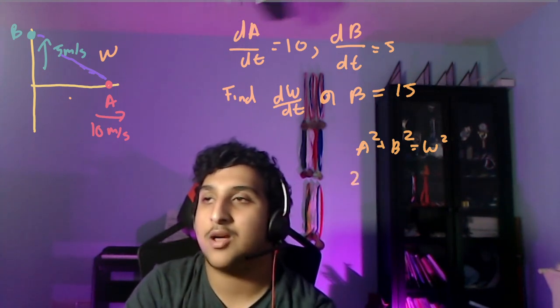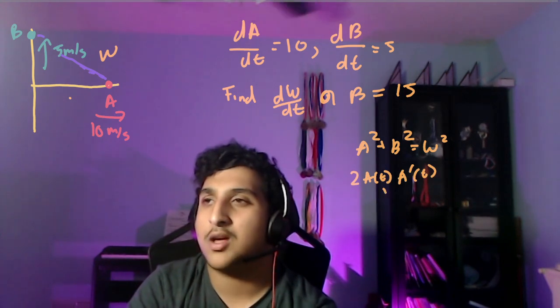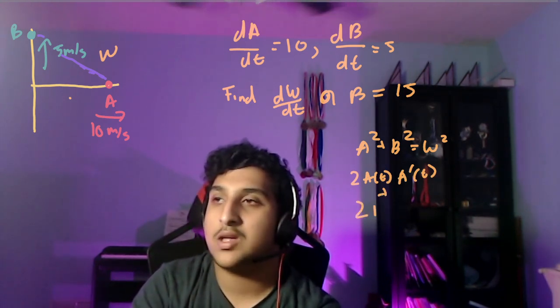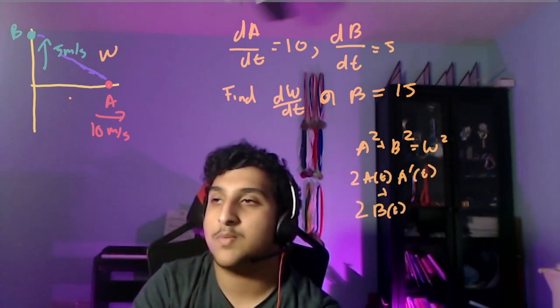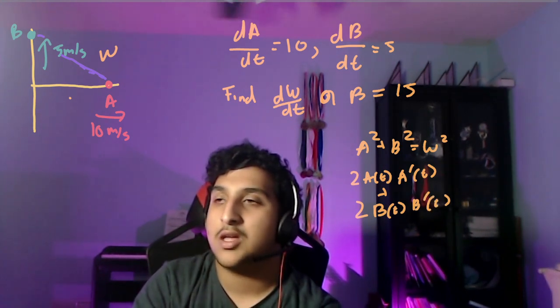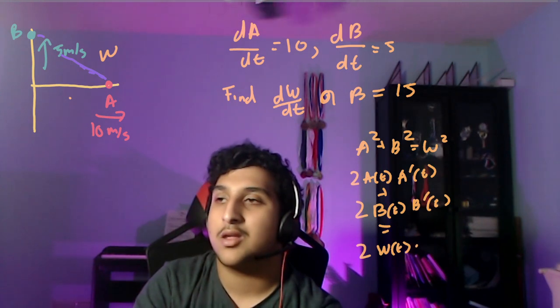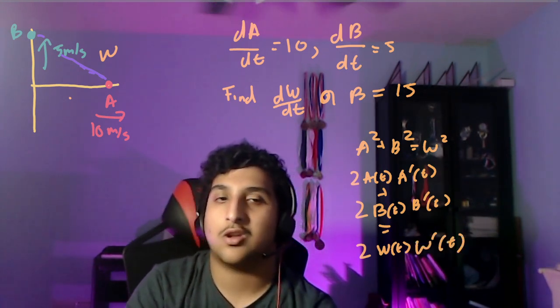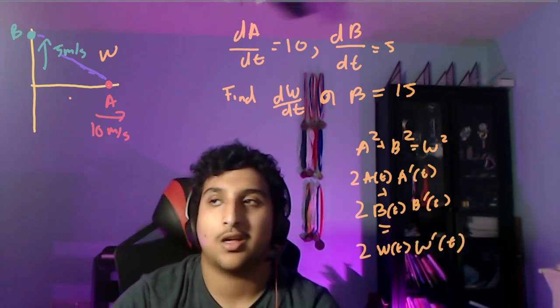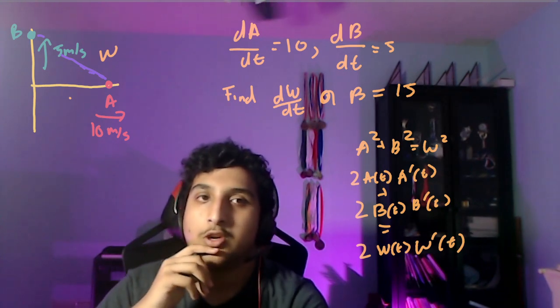So we'll get 2 times a of t times a prime of t plus 2 times b of t times b prime of t equals 2 times w of t times w prime of t. And then yeah, you could also use other notation as well. What do we know though?